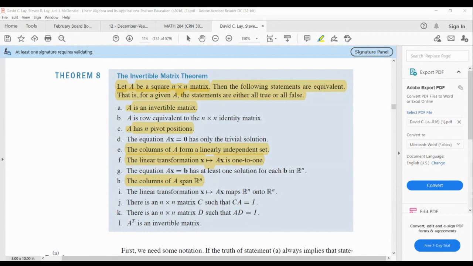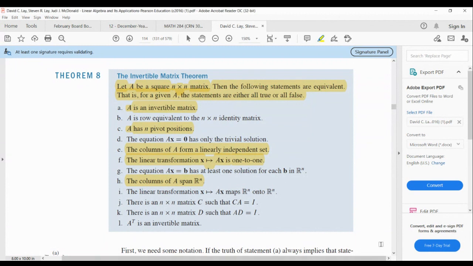Because our 3 by 3 matrix A had 3 pivot positions, that implies that the matrix A is invertible. Okay, so that's an application.